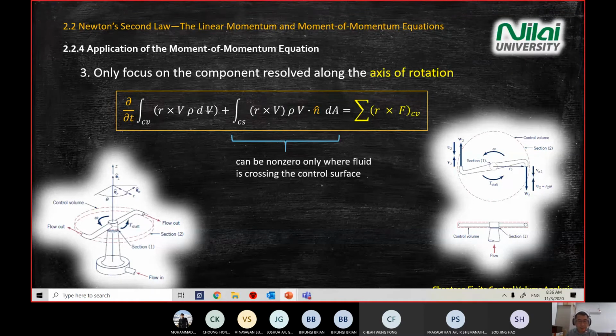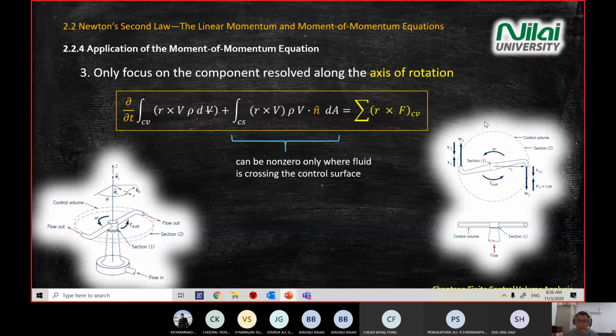Now, just a side note: the second term inside the moment of momentum equation, the MOM equation, has a value when the flow is crossing the control surface. It means that we have a flow coming out from our control surface.